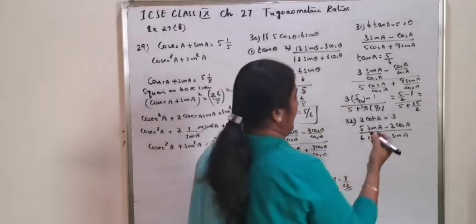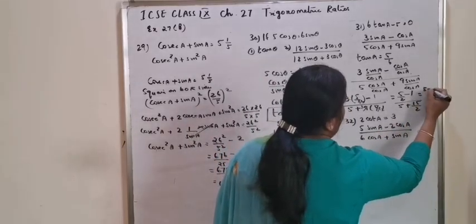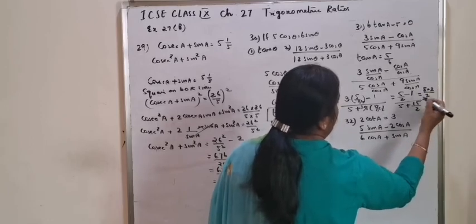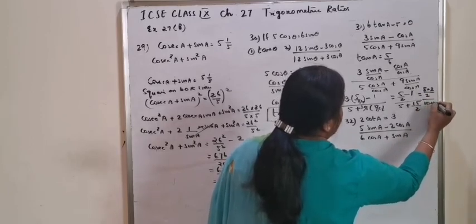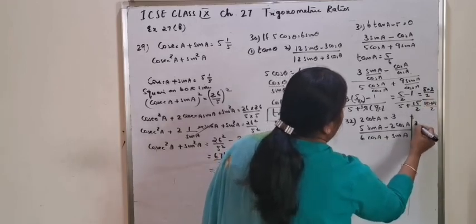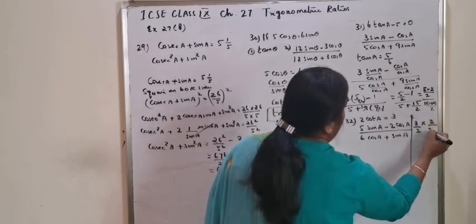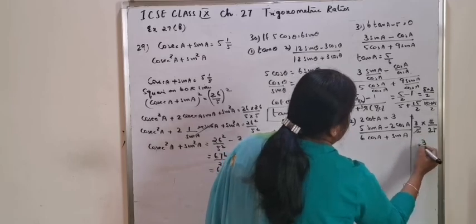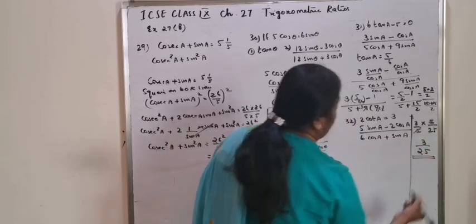That is 5 minus 2 by 2 divided by 10 plus 15 by 2, which is the same as 3 by 2 into 2 by 25, or the answer is 3 by 25.